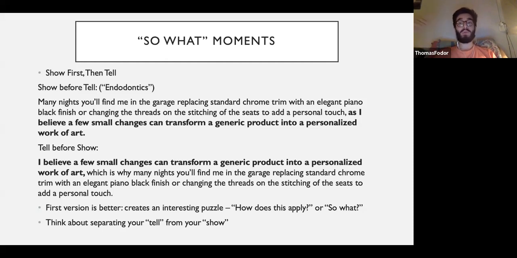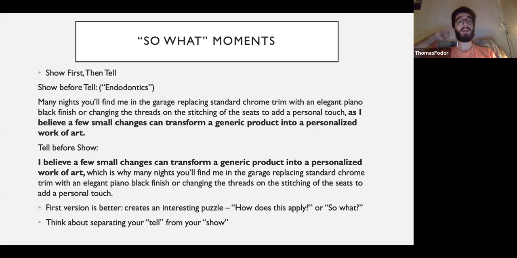What do we do if we switch it up where we do the tell before the show? I believe a few small changes can transform a generic product into a personalized work of art, which is why many nights you'll find me in the garage replacing standard chrome trim with an elegant piano black finish, or changing the threads on the stitching of the seats to add a personal touch.